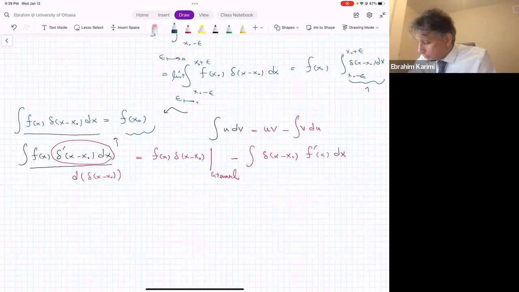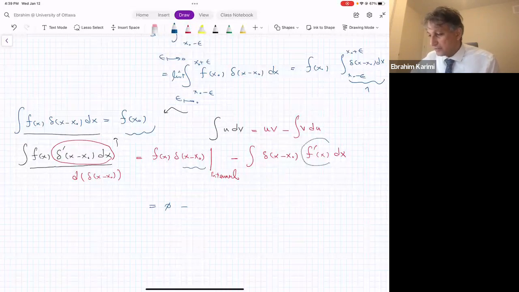So what happens with the first term? Delta at minus infinity and plus infinity is 0, unless x0 is at infinity, which is not the case. We assume that x0 is not located at infinity. So that will be 0 multiplied by a function, which is 0, minus the integral of f prime of x delta of x minus x0. It doesn't matter that there was a derivative; it looks exactly like the previous case.